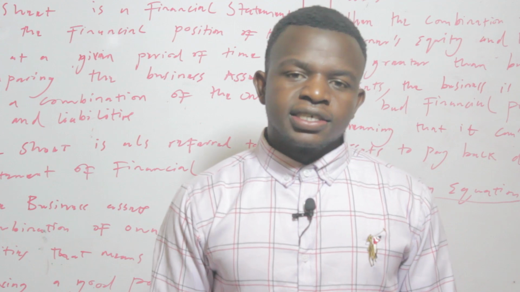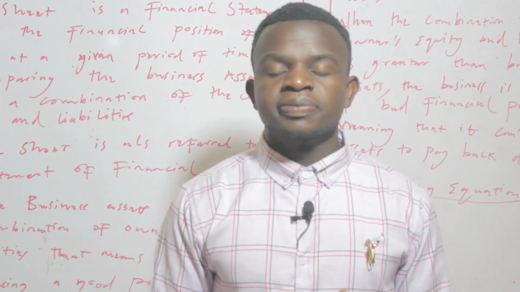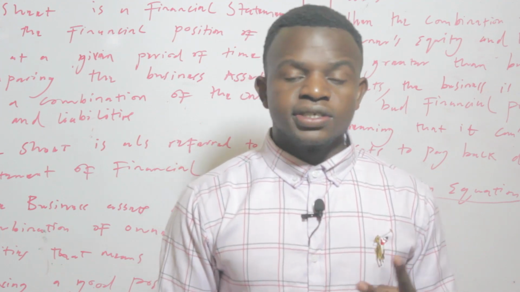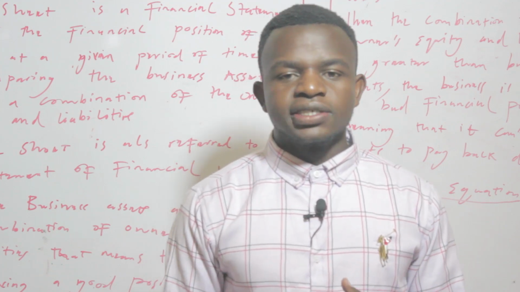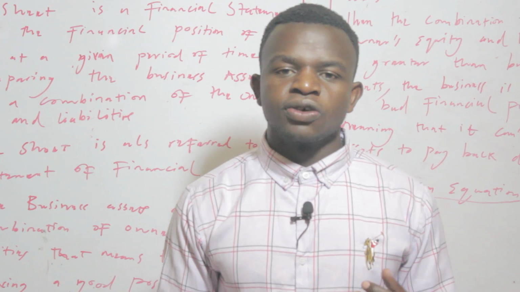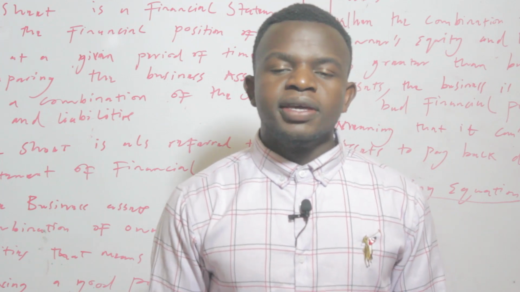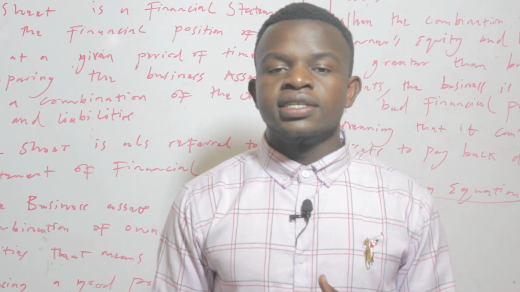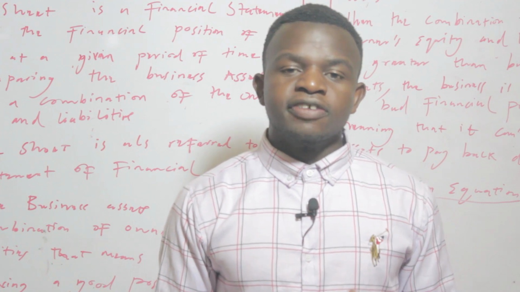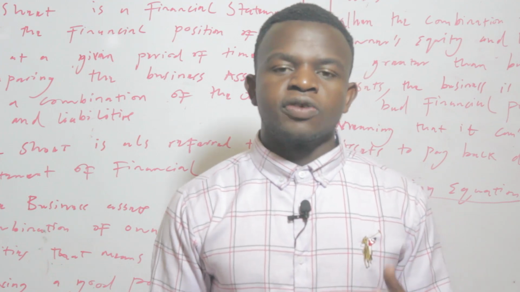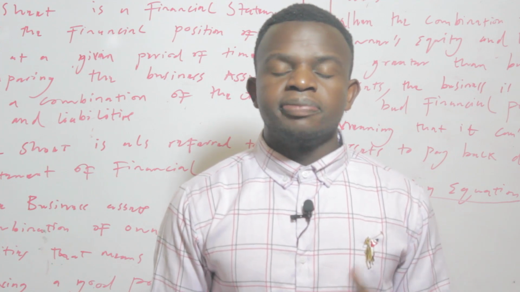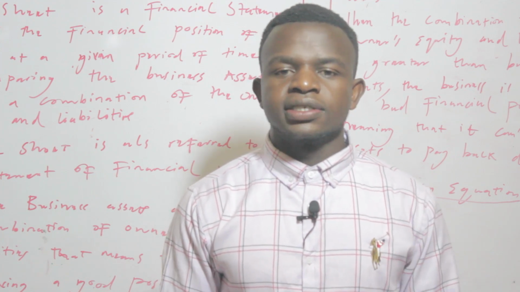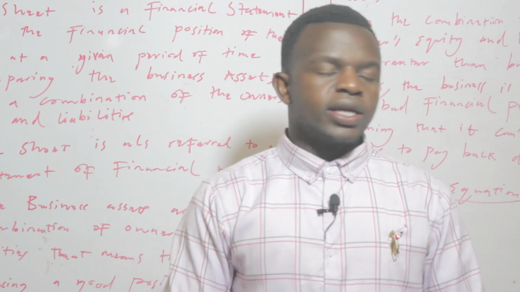That means that the assets can be obtained by the business by using two methods, either using liabilities or using owner's equity. For liabilities, we mean that assets can be obtained by borrowing money from outsiders, and for the owner's equity, we mean the money that is invested by business owners. So let us write down these points.